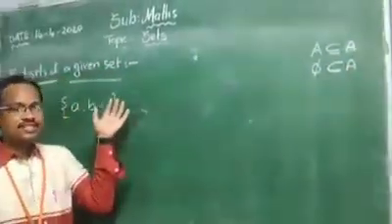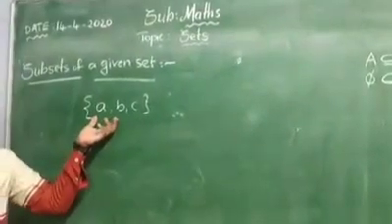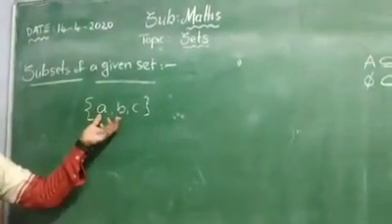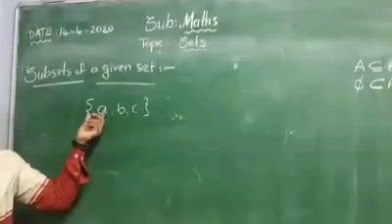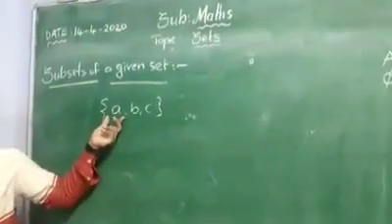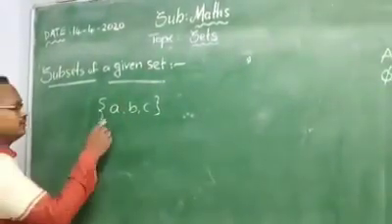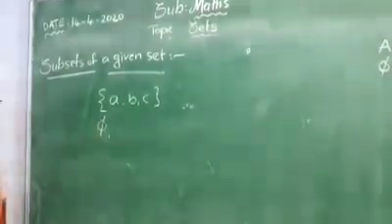Now coming to the next topic, the number of subsets we can frame for the given set. How many subsets can we frame for the given set? Here we have one set A, B, C, with 3 elements. Now how many subsets can we frame? First one is the empty set, which is a subset of every set.